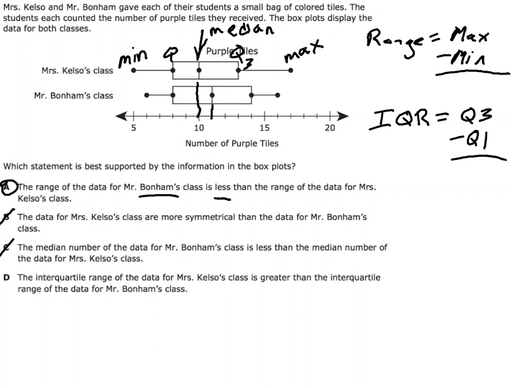We eliminate that. The IQR of the data for Mrs. Kelso's class is greater than the IQR for Mr. Bonham's. Well, if we take Q3 and subtract Q1, we're going to have a smaller value than Mr. Bonham's class if we look at Mrs. Kelso's class.